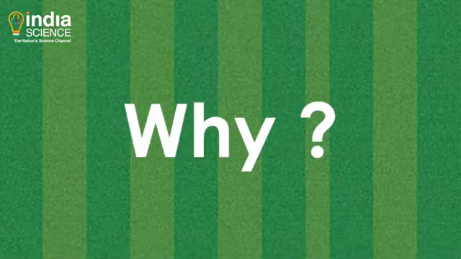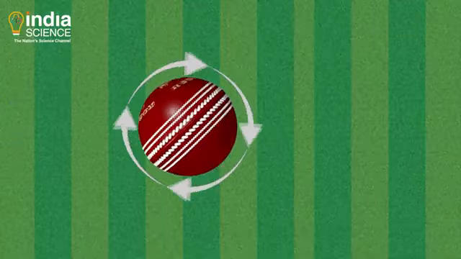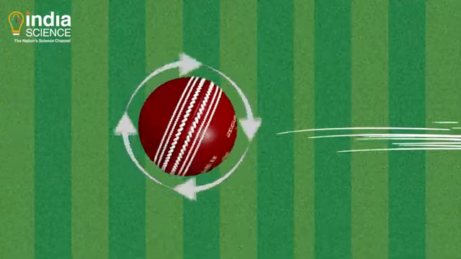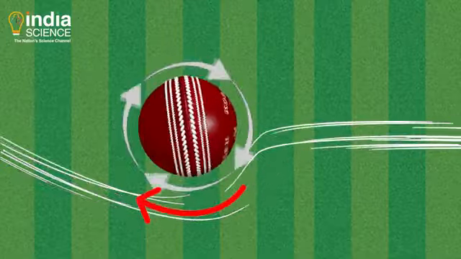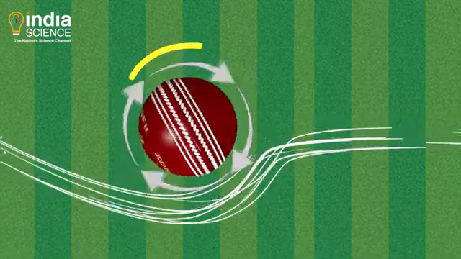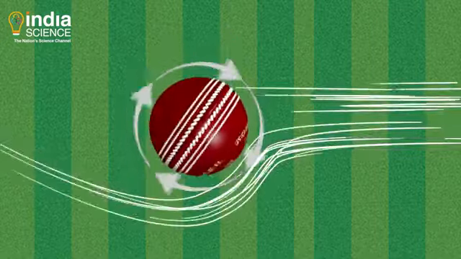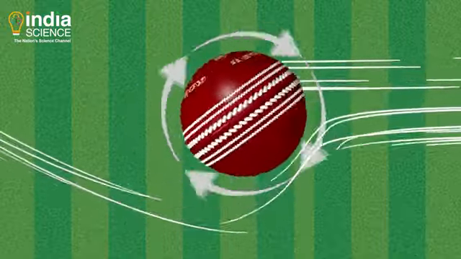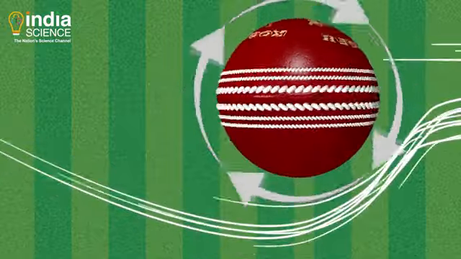But why? This is because of the Magnus effect. When a bowler bowls with top spin, the air flows from the front of the ball to its back. The ball is spinning in the same direction as the flow of air at the bottom, but it is spinning in a backward direction at the top. Because of the friction between the air and the ball surface, the air is dragged upwards and towards the back on the bottom of the ball.